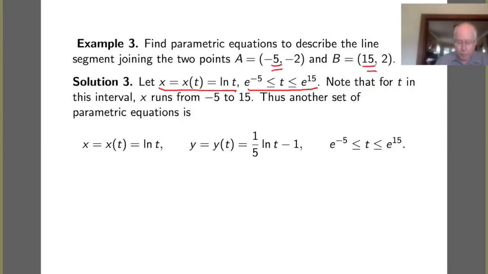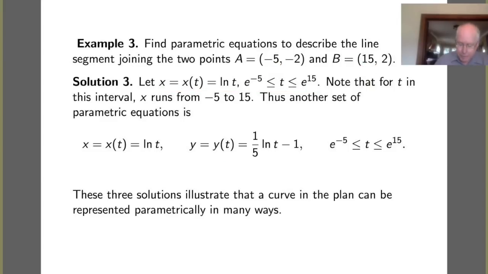Once again, because y equals 1/5 x minus 1, we see that if x is log of t, then y will be 1/5 log of t minus 1. And again, to get us in the necessary interval, t runs from e to the minus 5th to e to the 15th. So these examples illustrate that a curve in the plane can often be described parametrically in many, many ways. And sometimes the particular description you want may depend on the physics of the motion or other criteria you may want to consider.